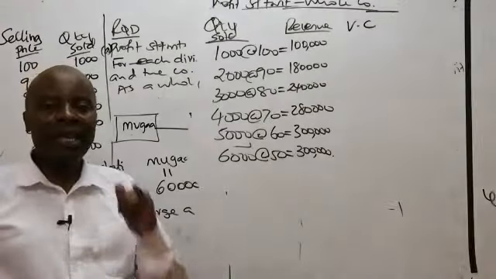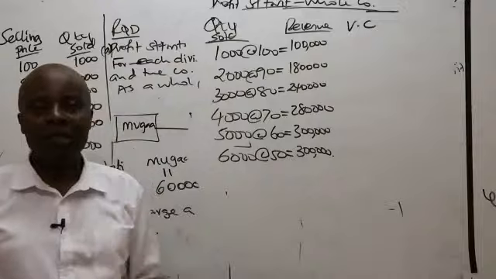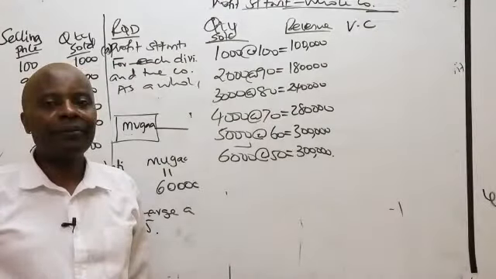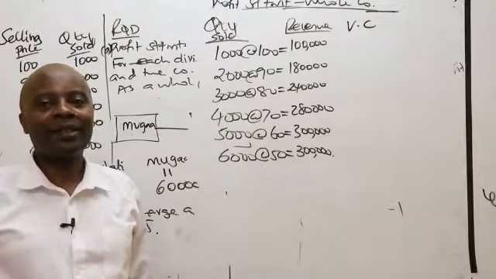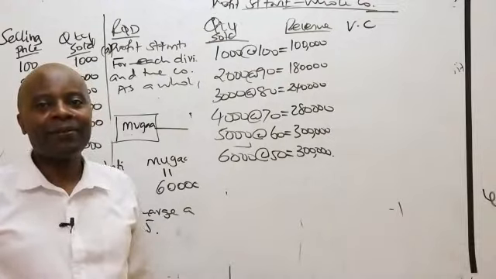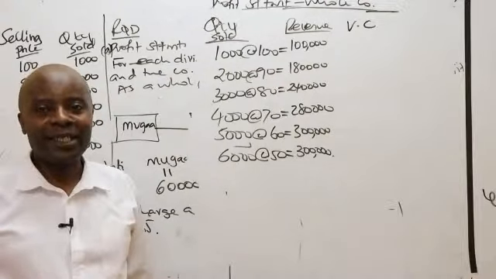It is 18 per unit for the whole company. 11 plus 7, 18. Faith is saying 53. Any other suggestion?